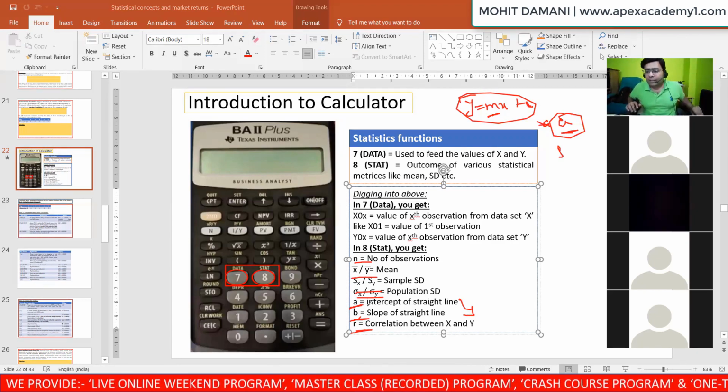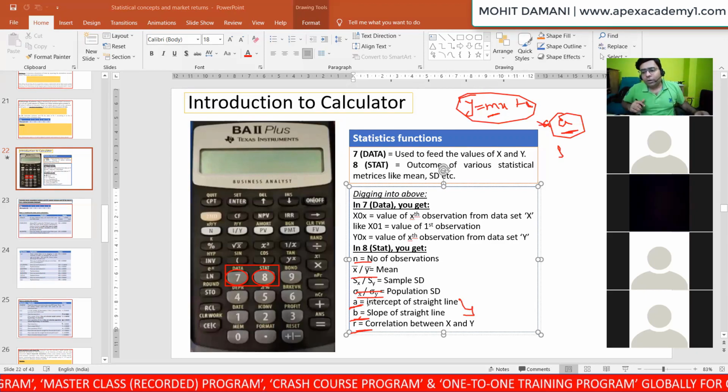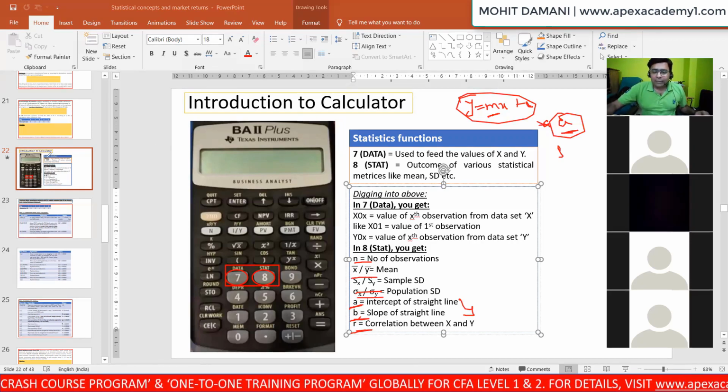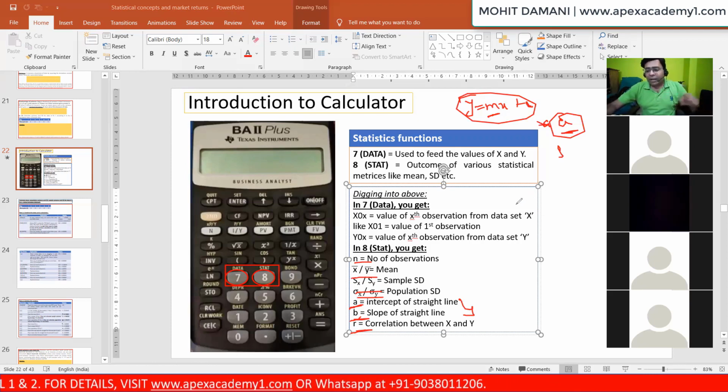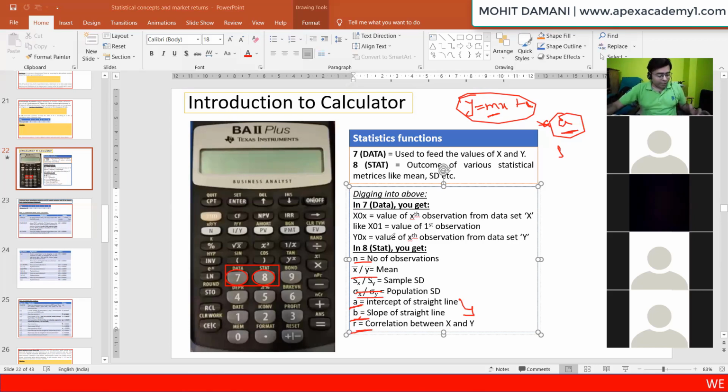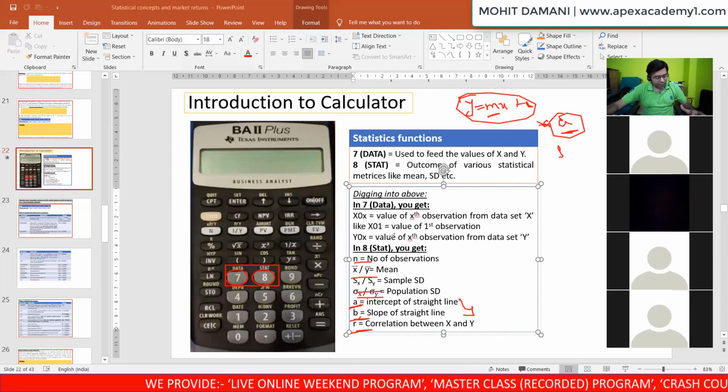One very important thing, which is again very less known among the student community: if you are required to calculate probability weighted mean and probability weighted standard deviation, that is the key to this function. This is definitely very important. But if I ask you to calculate probability weighted SD, how are you going to do that? In that situation, you will be required to use this function.